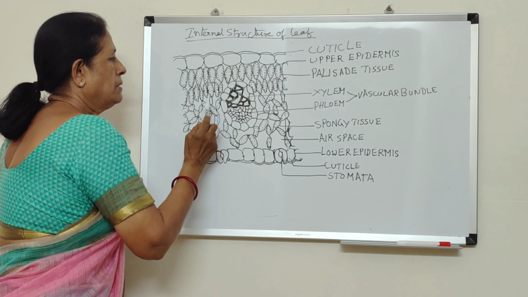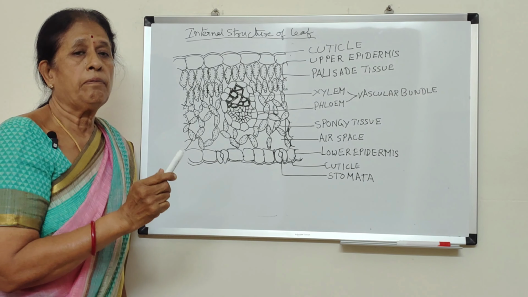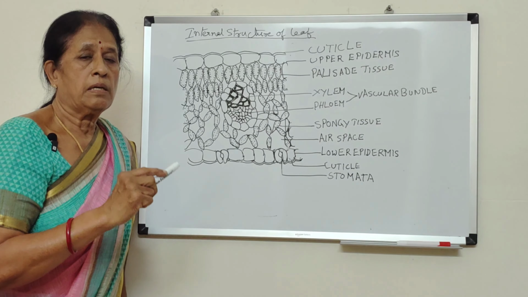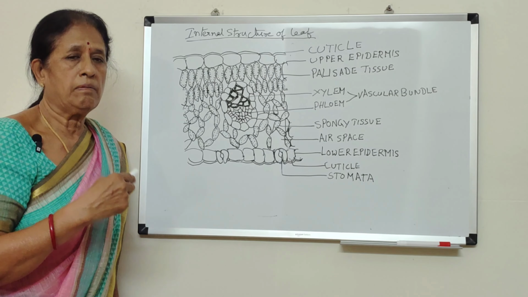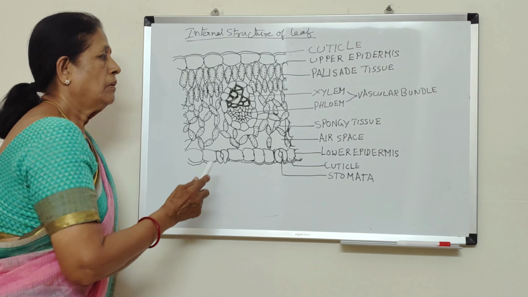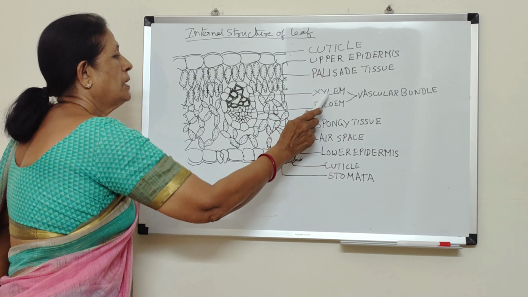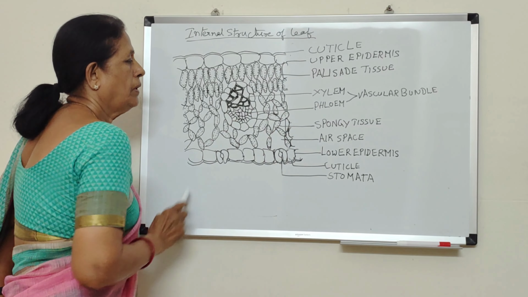And next, in the center, as you have studied in the leaf, there are midrib veins and veinlets. They contain conductive tissue. So what is conductive tissue? Vascular bundles, which enclose xylem and phloem.